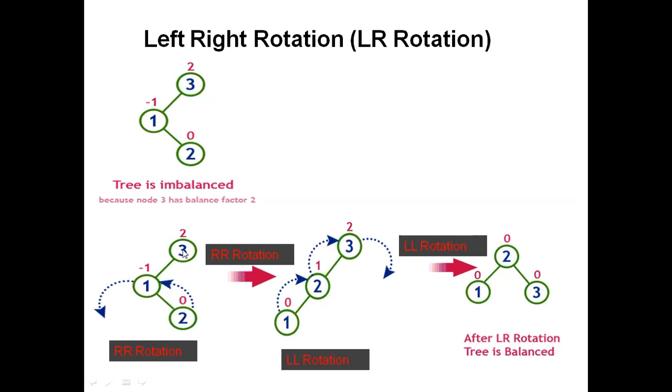If we have the nodes A, B, C, then C will replace this A directly, and the nodes are arranged accordingly. So 2 will be here, 1 is there, and 3 is there directly. So in one shot we can do this rotation, or either we'll have to follow LR: first perform RR, and then LL.